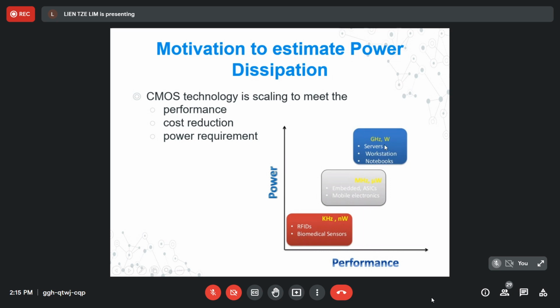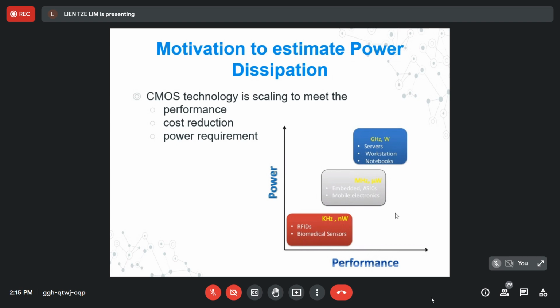When there is an increase of high power use, it means there is an increase of the performance of the digital system. At the same time, another issue is that the digital system will dissipate high power. So all the factors mentioned here are related.